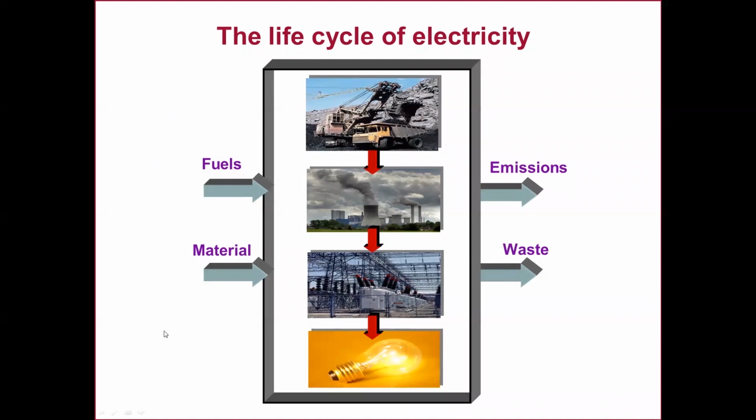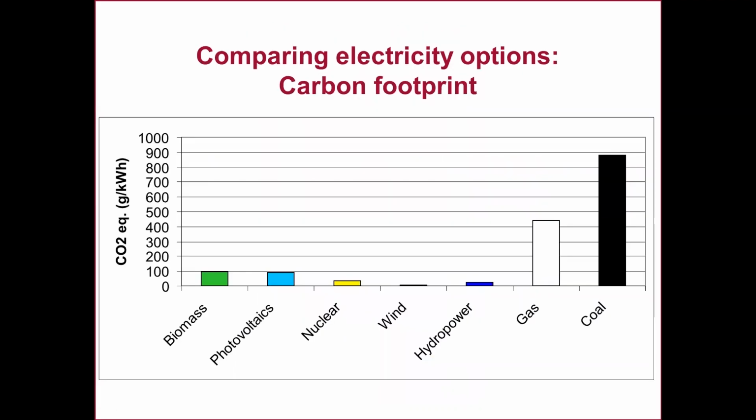So basically, in the life cycle, we would look at the emissions occurring from all background stages until the emission and waste from each life cycle stage. So this is just an example of the carbon footprint of different electricity options.